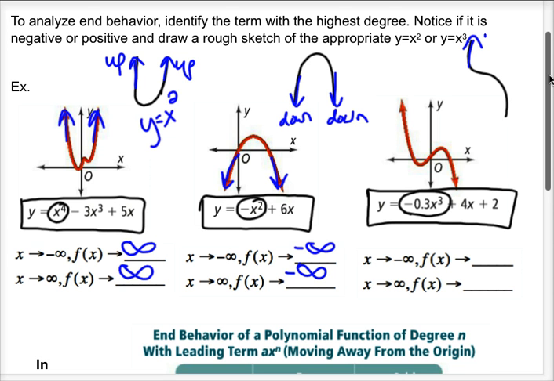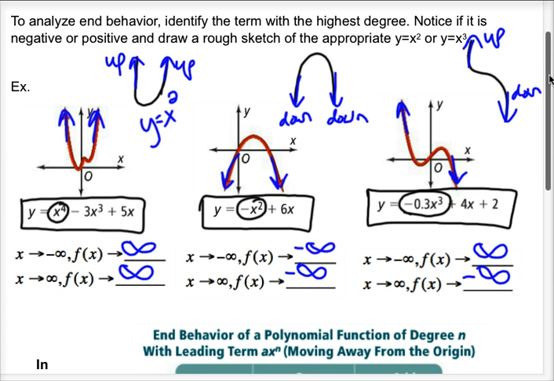We have up behavior and down behavior with our rough sketch, just like the real graph does. So what's it doing? Well, to the left is going up to positive infinity. To the right is going down to negative infinity.